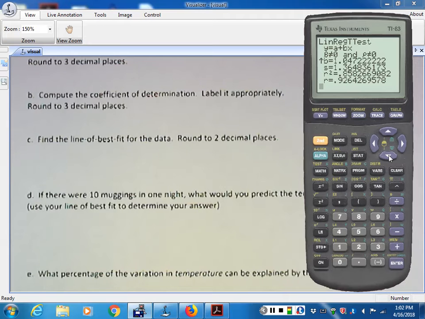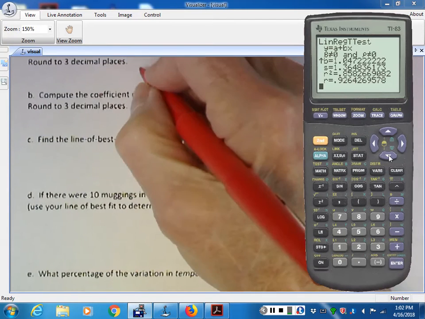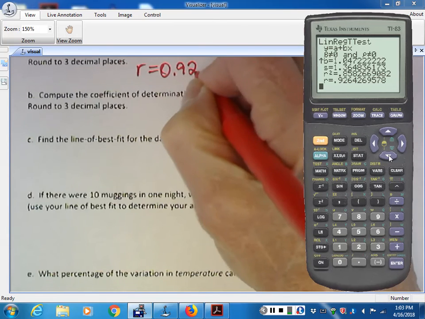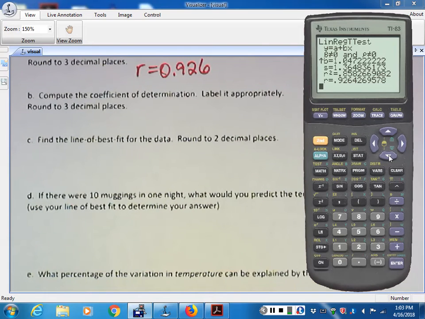So it says now R is equal to 0.92. That's a lot closer to a positive 1 than the 0.74 that we looked at before. And it says R squared is 85.8%.